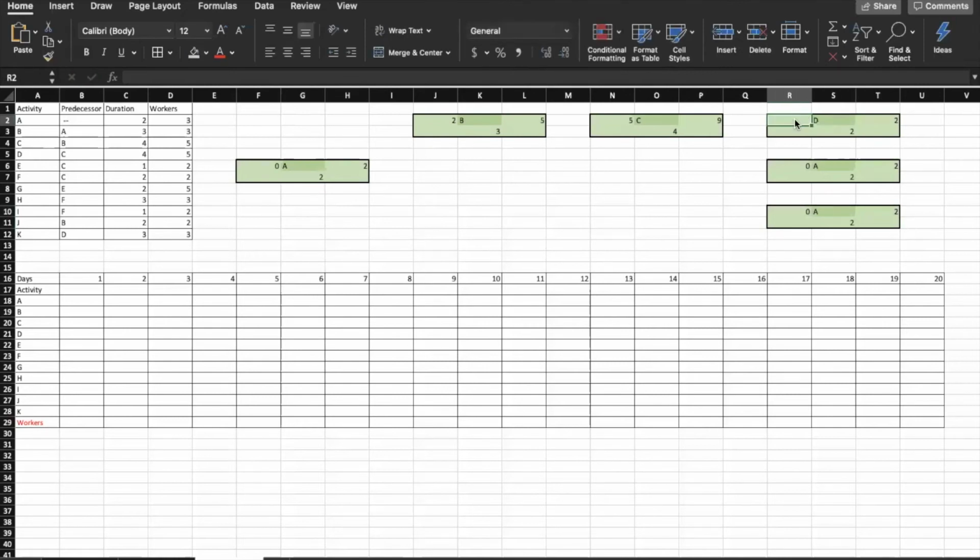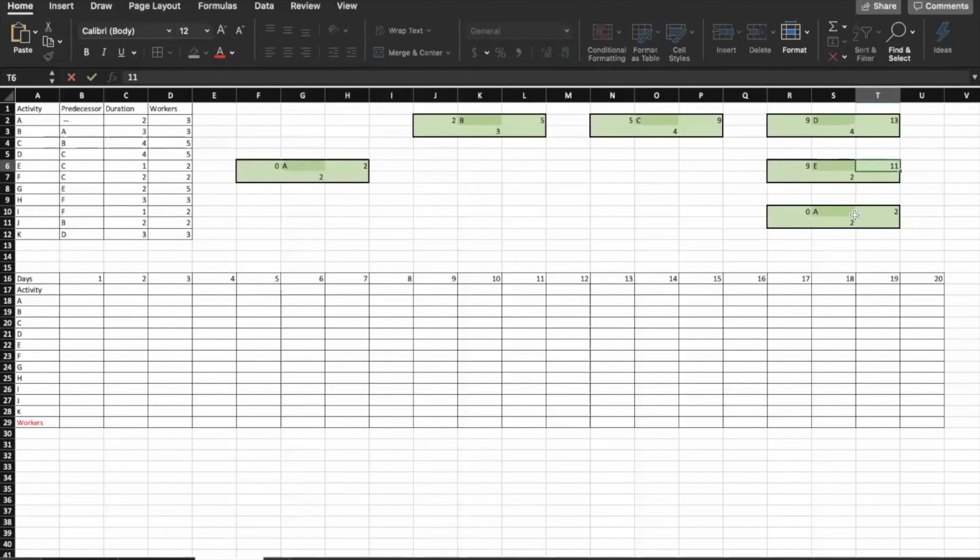So for D, we have starting as soon as C is finished on the 9th. D will take us 4 days, which would give us a total of 13 days to finish. Next one is E, and it will start on the 9th as well.